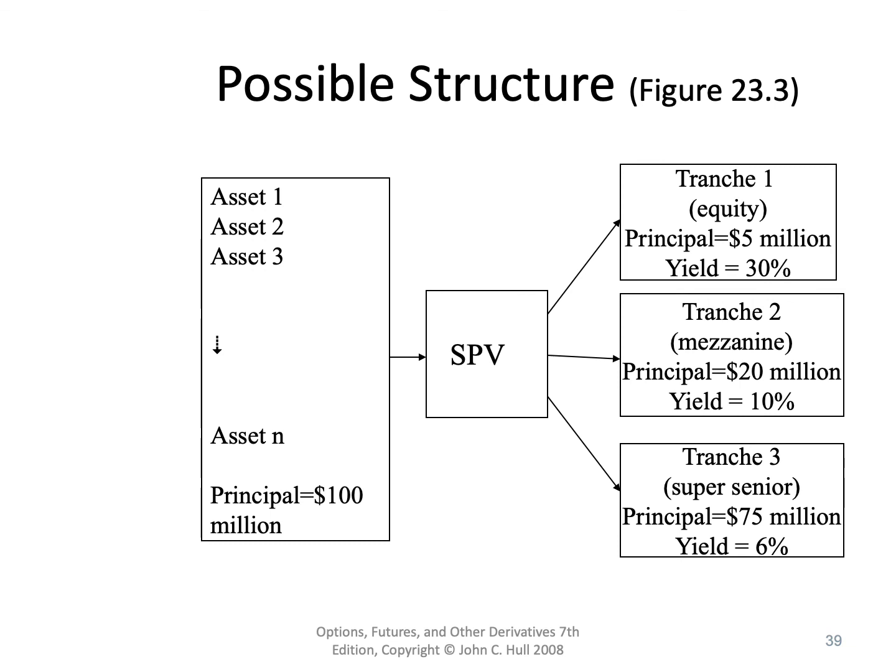The second tranche, which you might call mezzanine, has a principal of 20 million and a yield of 10%. Then the more secure part, called tranche 3, is the super senior. Principal is 75 million, but the yield is obviously lower at 6%.